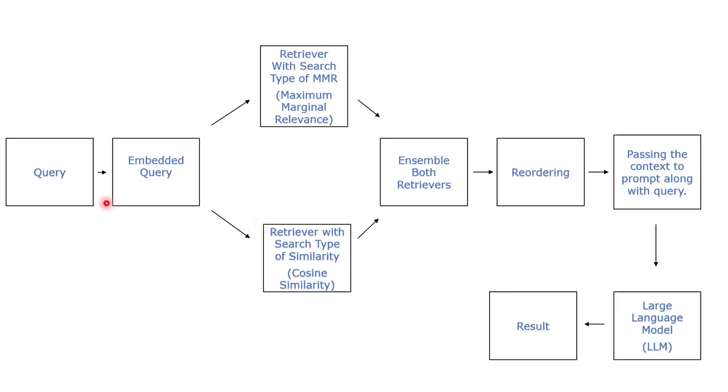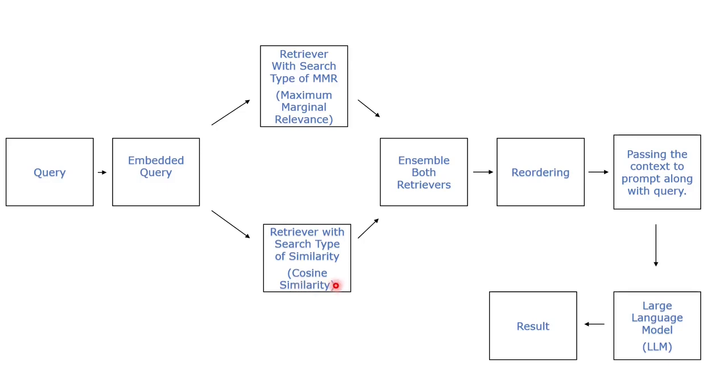After converting the query, we are passing that embedding query to our retrievers. Here we are using two retrievers. One retriever uses search type MMR, Maximal Marginal Relevance, and another retriever uses search type cosine similarity.